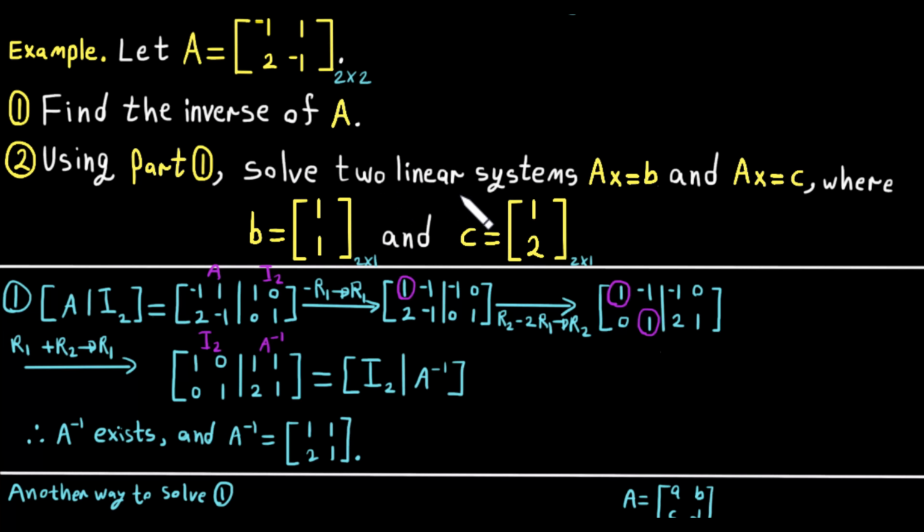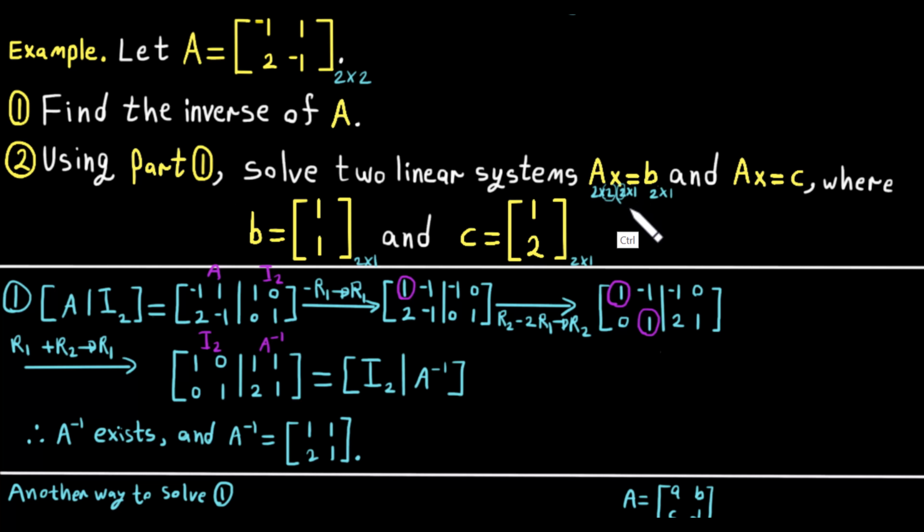Now we will solve the two linear systems AX equal B and AX equal C, and here you will see the benefit of the inverse of a matrix to solve these two linear systems. You can see, of course, this A is 2 by 2, B is 2 by 1, and the same thing here 2 by 1, and here 2 by 2, and of course this X has to be 2 by 1 because this side has to match this side, and the answer will be 2 by 1.